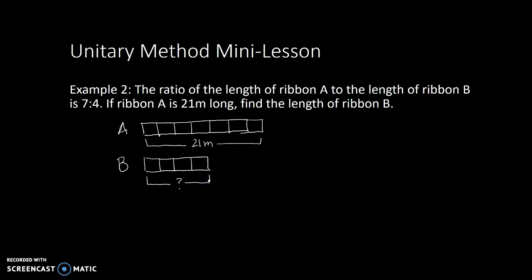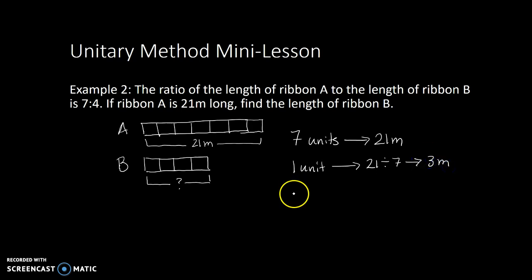Okay, so using the same method, I can see by looking at my bar model that 7 units is 21 meters. So that means that 1 unit is 21 divided by 7, which is 3 meters.